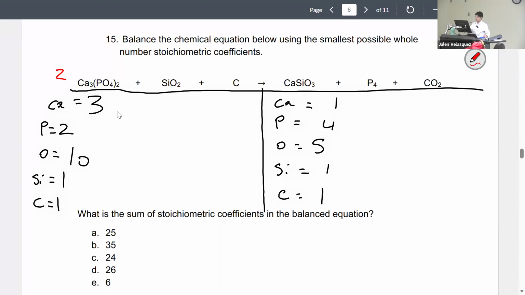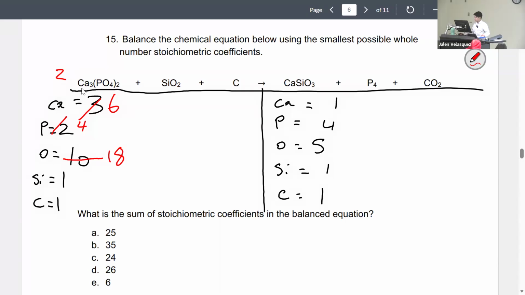That's going to give me 6 calciums, 4 phosphoruses, and how many oxygens? 18, good. So that's what changes here by putting this coefficient of 2 in front of the calcium phosphate.